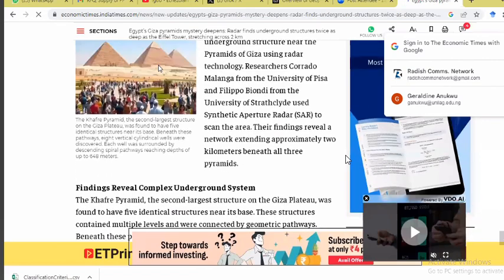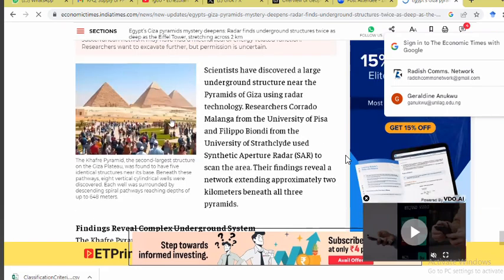So you'll notice that for them to be able to use this to characterize the subsurface beneath these pyramids, first of all, they are using this method, and number two, they did not drill at all. So just like I told you, this method is also remote sensing in the sense that you don't have to perturb the subsurface, but you just study it.